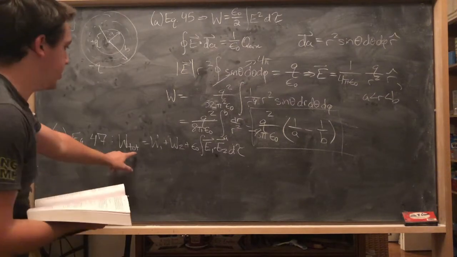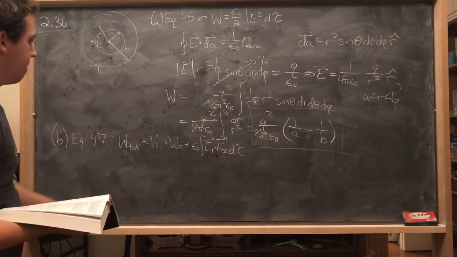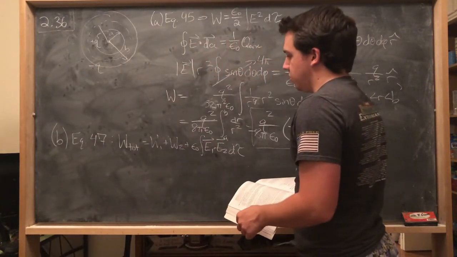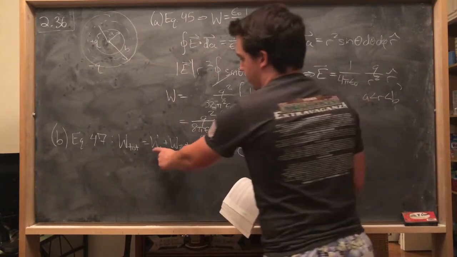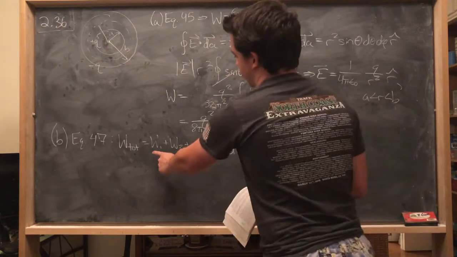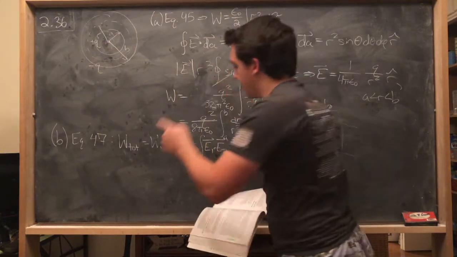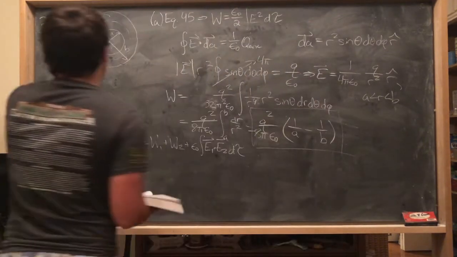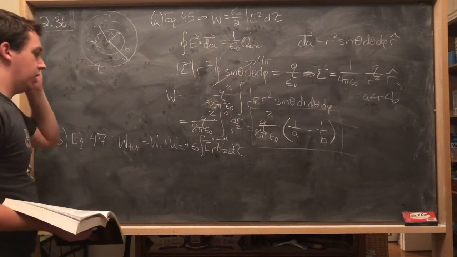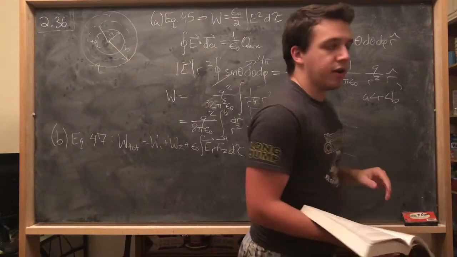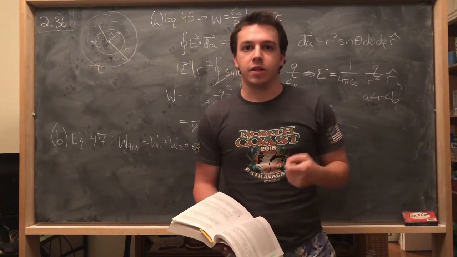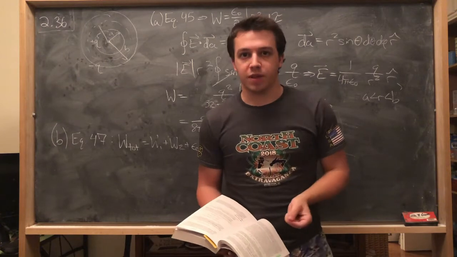And where is this equation coming from? It's just saying that if we calculate the work of two separate charge distributions, so for example, the work of the inner sphere and the work of the outer sphere, work does not obey the principle of superposition, unlike, say, the electric field or the electric potential.